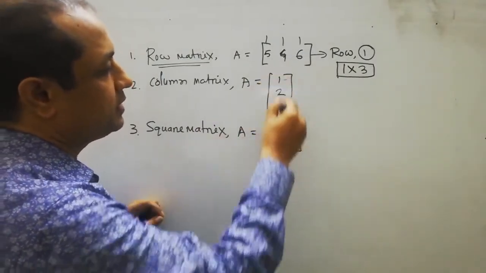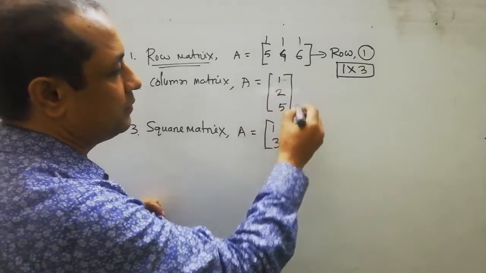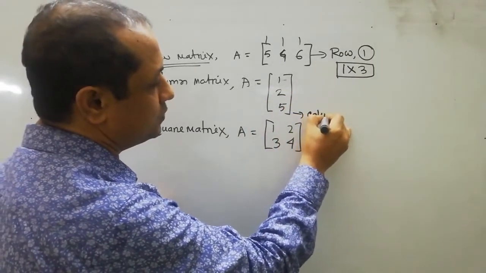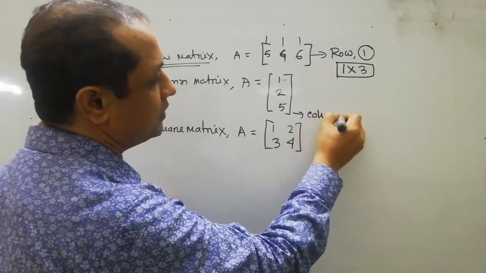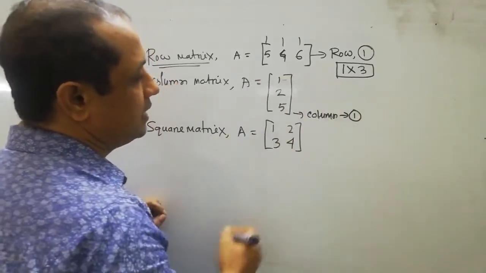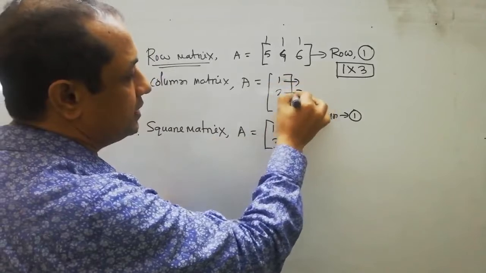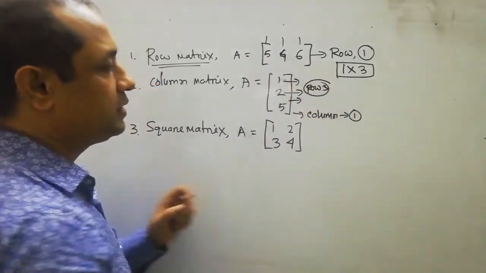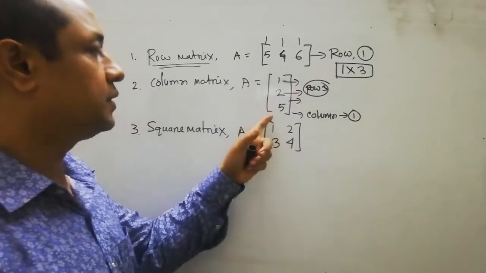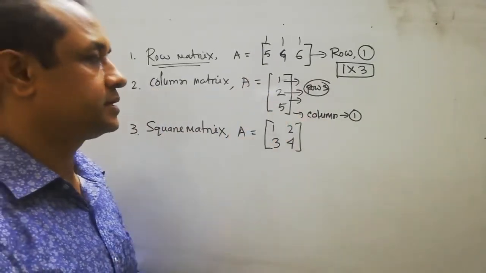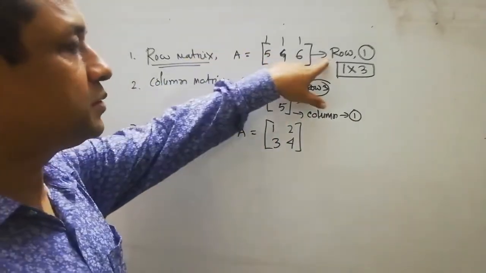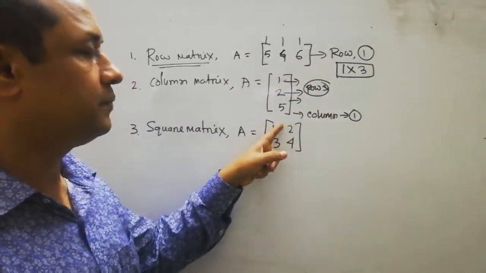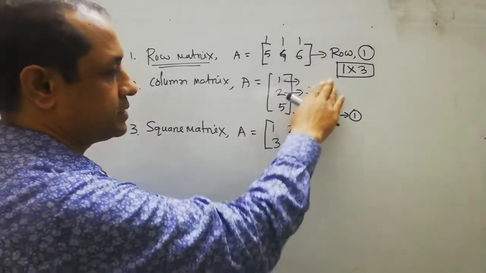Here the number of columns is 1, and the number of rows is 3. So this is a column matrix, because it has only one column, whereas a row matrix has only one row.